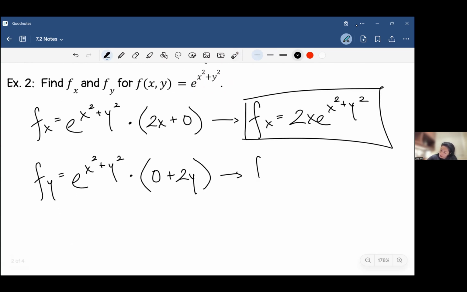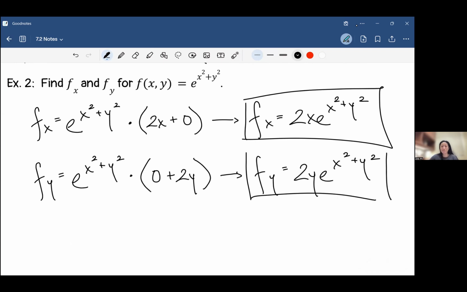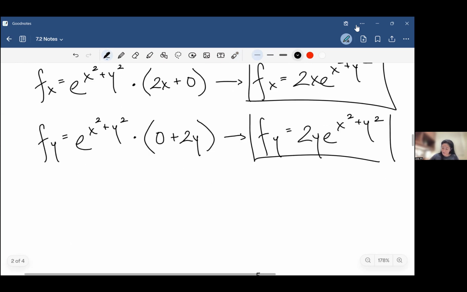Now let's put those all together. fy equals 2y e to the x squared plus y squared. Okay, so they look almost similar, but you can tell where we're treating one letter as a variable and where we're treating one letter as a constant.